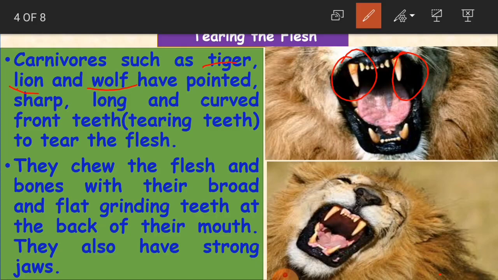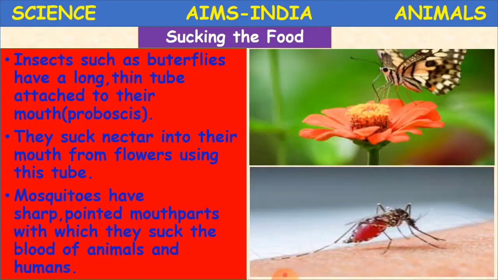And how do they chew? They chew the flesh and bones with their broad and flat grinding teeth at the back of their mouth. See here inside the mouth, at the back of the mouth. And they also have strong jaws. So this is how these carnivores eat.